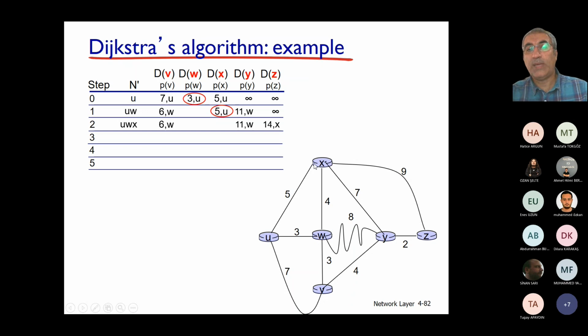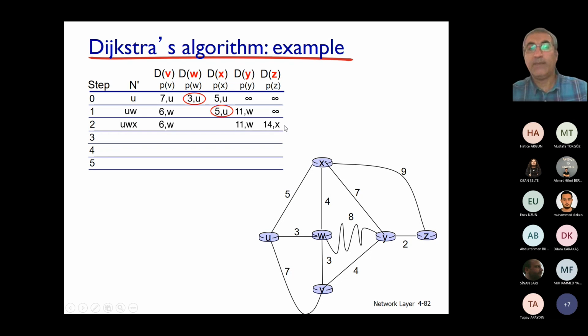And now, because we added x, x is adjacent to z, we are ready to calculate the d of z. d of z is 5 plus 9, which is 14, and the predecessor node is x. Okay, so we completed the d values for the second and the third step.